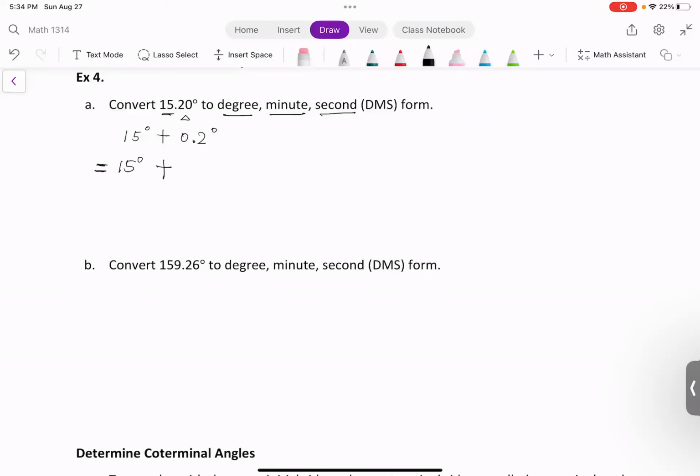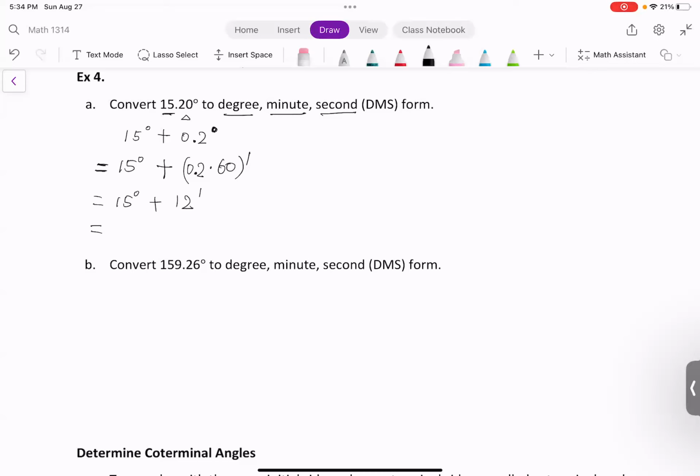But the decimal, 0.2, I can convert to minutes first, because I know that from the degree, the big unit, to the small unit, the number increases. So 0.2 multiplied by 60. Then we have 15 degrees plus 0.2 times 60, that's 12 minutes.